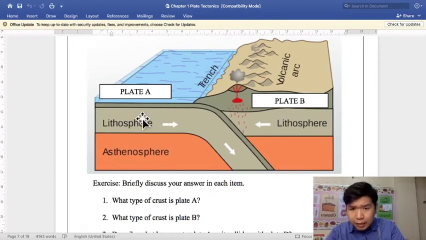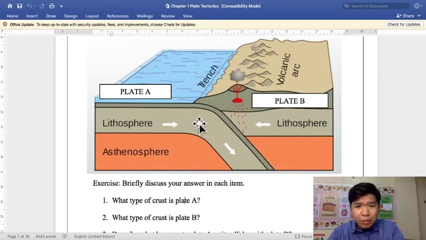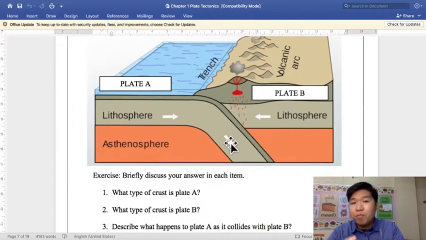Now, as oceanic crust A is colliding with plate B, plate A is going to sink beneath. Again, S-I-N-K, plate A is going to sink beneath plate B. And there is a name for this kind of process. What is that called?